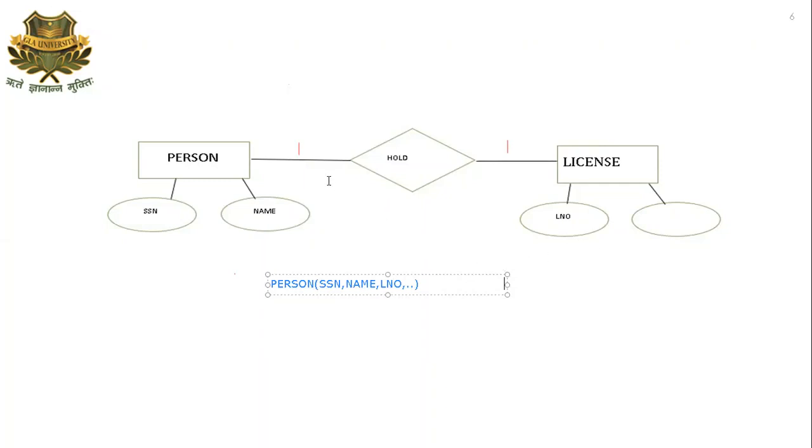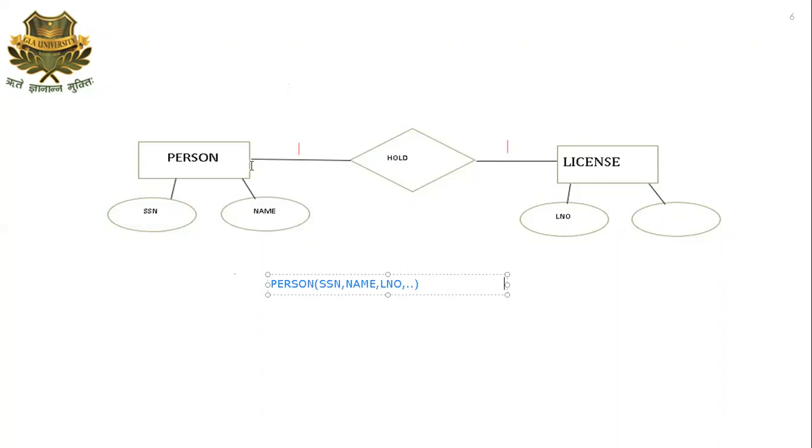So if the relationship is 1:1 and it is also total participation, and the situation is given like this, then you can convert this ER diagram into this relation form, right?